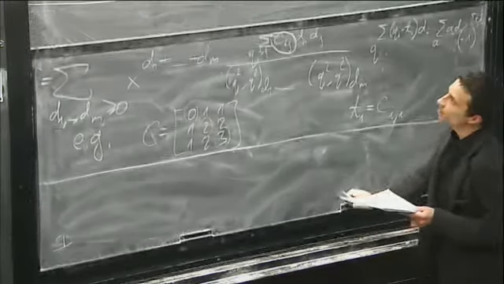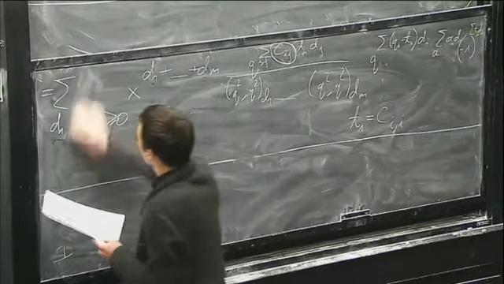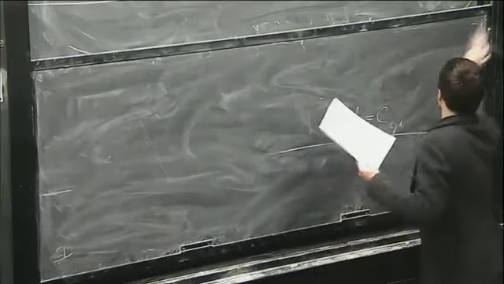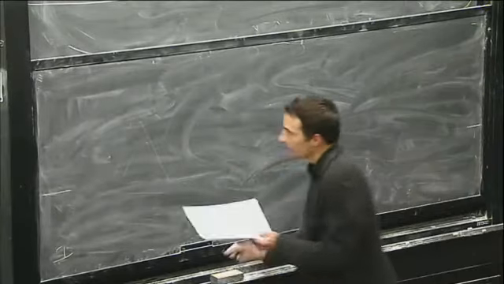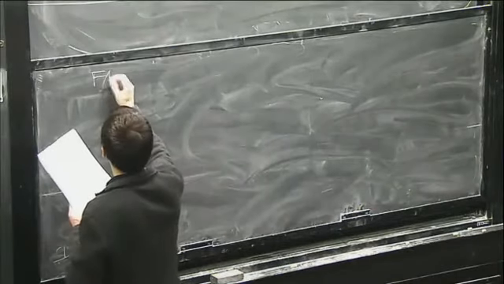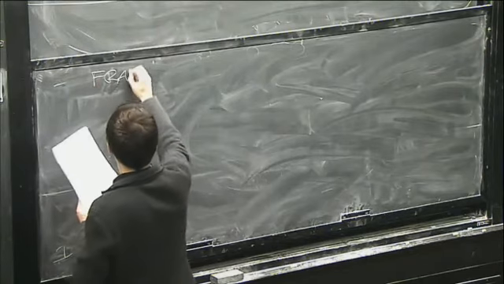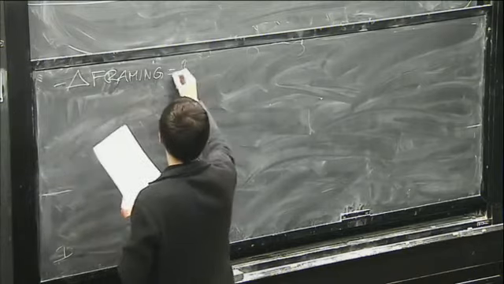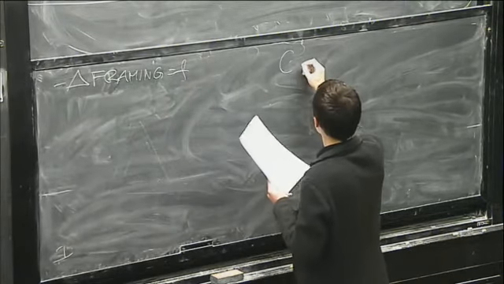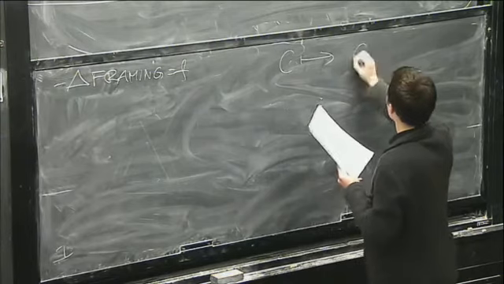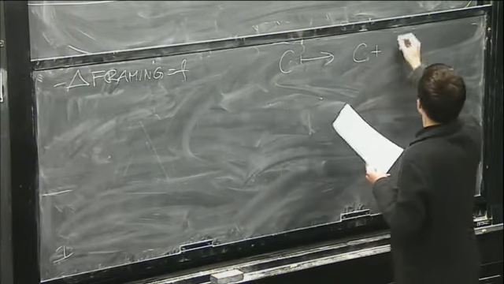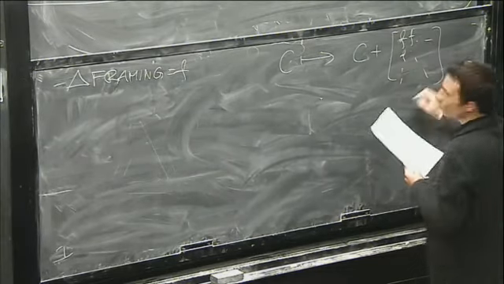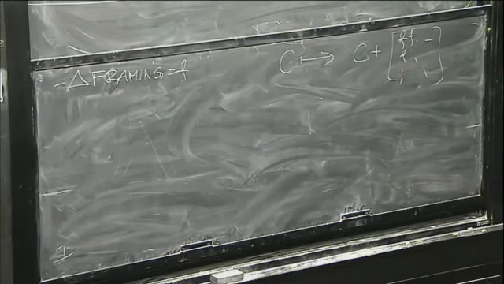If you change the framing by F, it changes quivers in a very simple way: we have to replace a quiver represented by matrix C by a quiver represented by a matrix which has F's everywhere, which means that we add F loops and F arrows between each vertex.